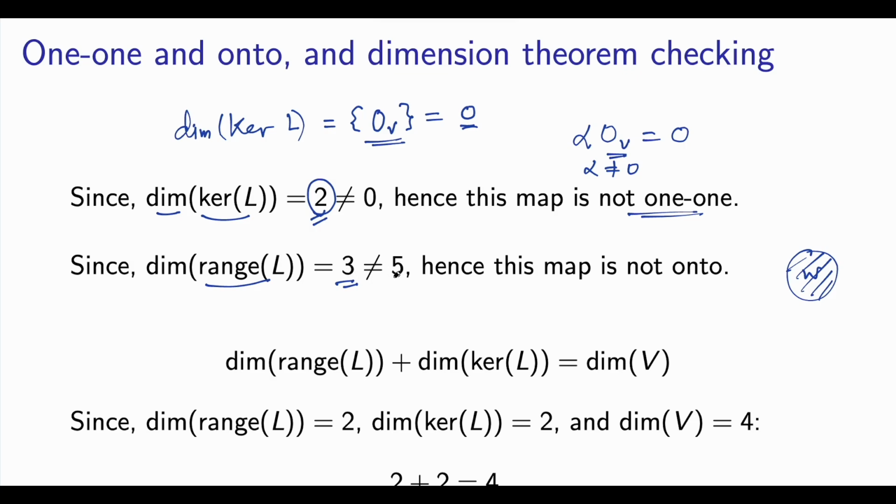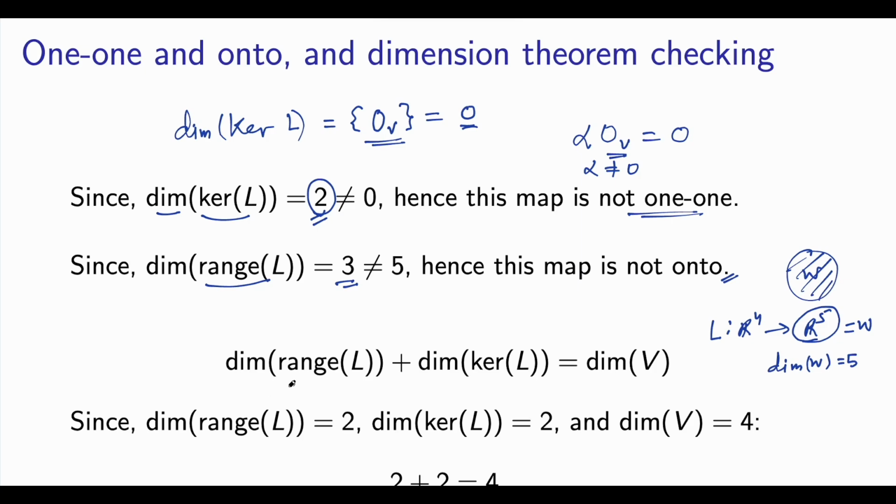If the dimension of the range were also equal to 5, then we could say that this map is onto. Just now we have seen a result before. So this is not an onto map also, right?